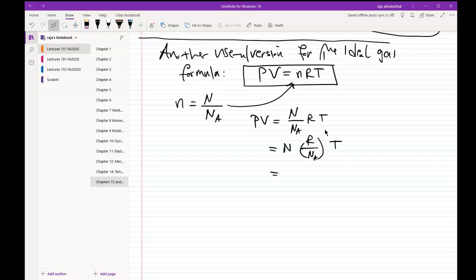okay, we define this ratio as what is called the Boltzmann constant. So it becomes N, and the Boltzmann constant k_B, times T. So here k_B is the Boltzmann constant, or the gas constant.